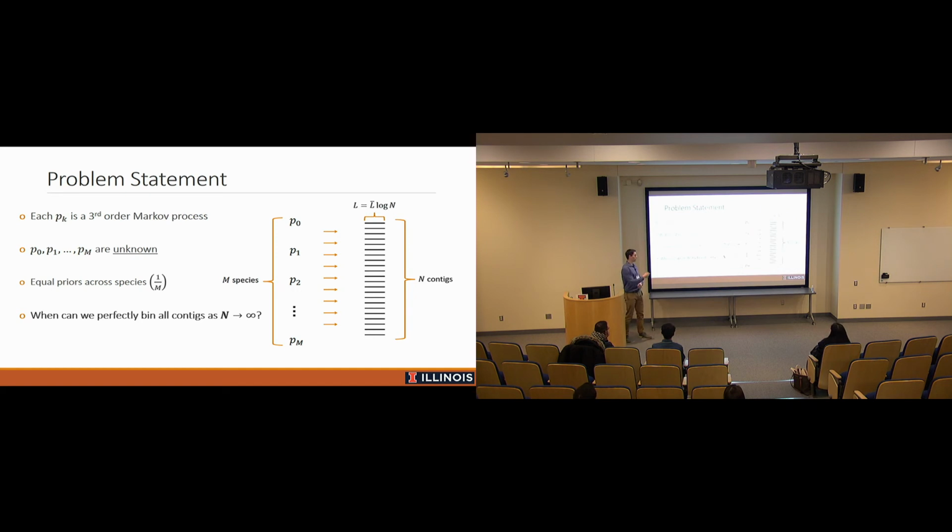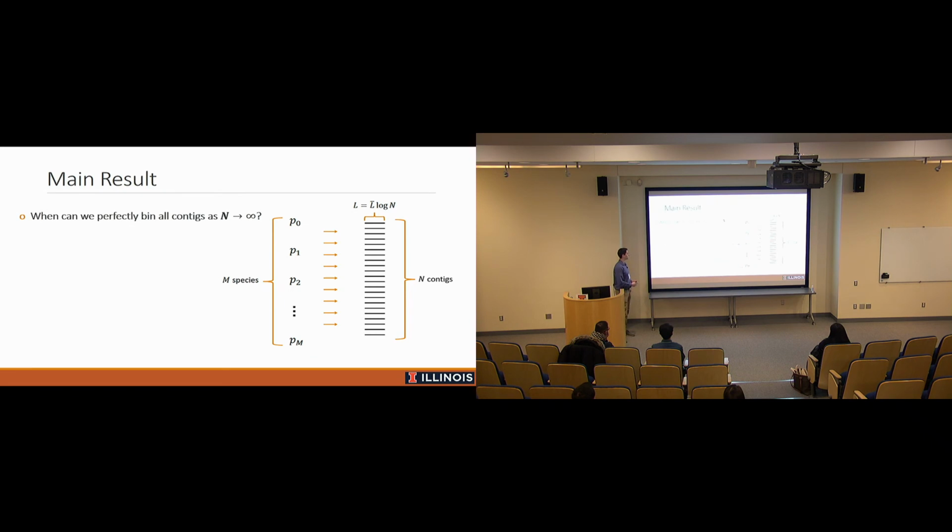But if we have the length of each contig growing with n, then each contig gives more information about which species it came from. Specifically, we show that this regime where L is proportional to the log of n is an interesting one, in that this constant L bar controls when you can and cannot perfectly bin all contigs as the number of contigs goes to infinity.